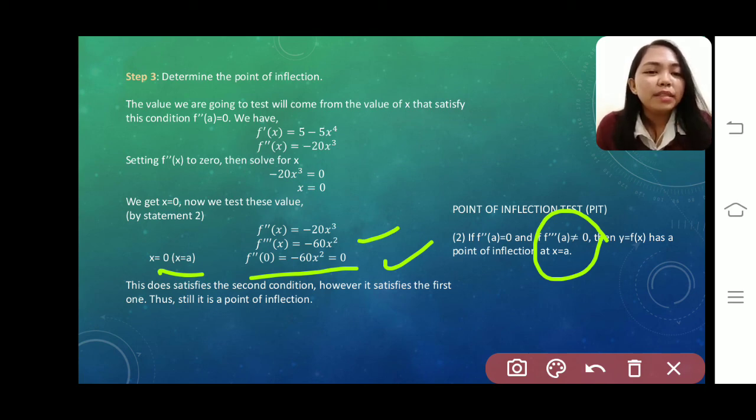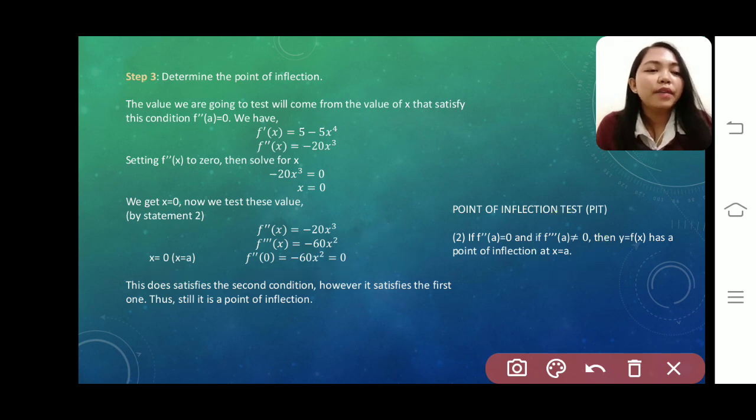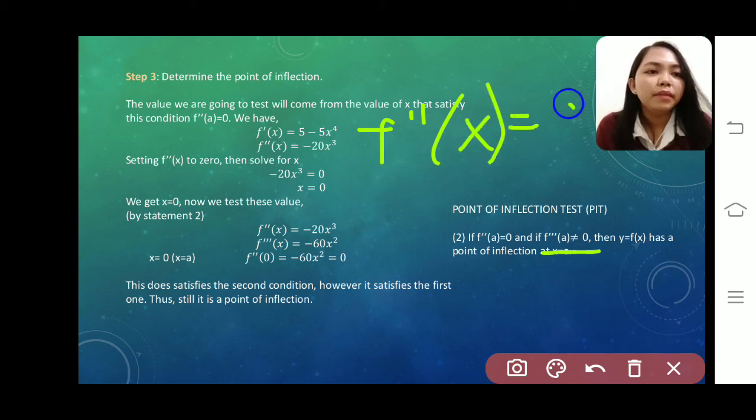However, pwede pa rin natin siyang ma-considered as point of inflection dahil sinatisfy niya yung first condition. So, kasi dito, baka ang ibig sabihin lang dito ng third derivative is parang siguro wala na tayong makuhang derivative. So, let's say, 'di ba, katulad ng condition na halimbawa ang second derivative mo, 'di ba, 9.